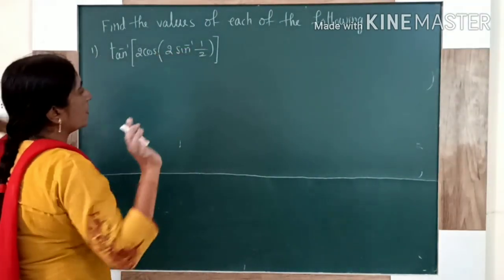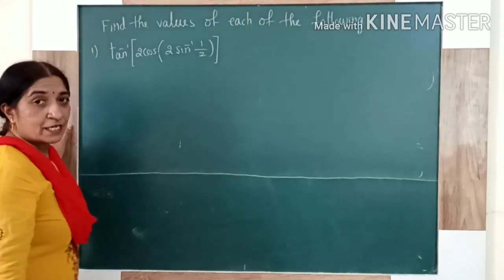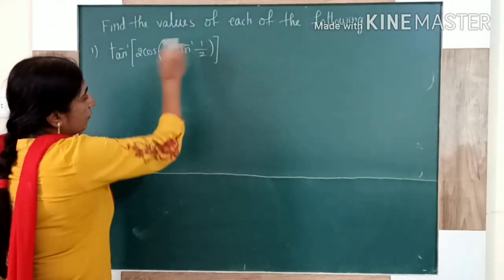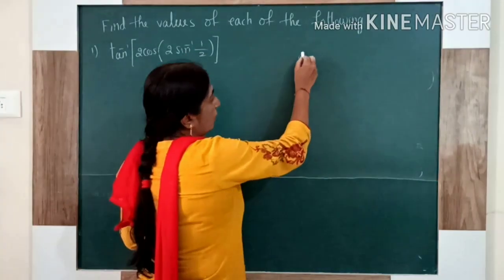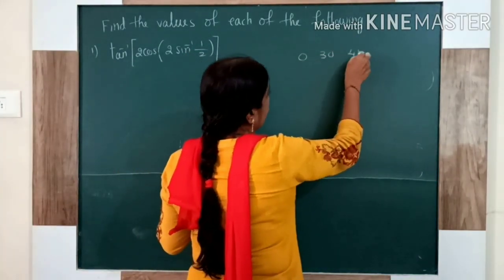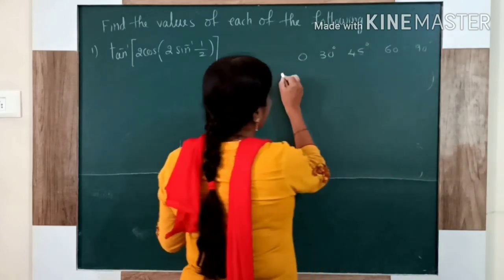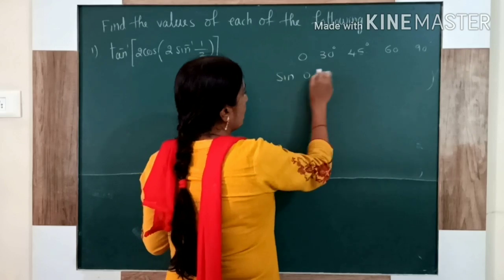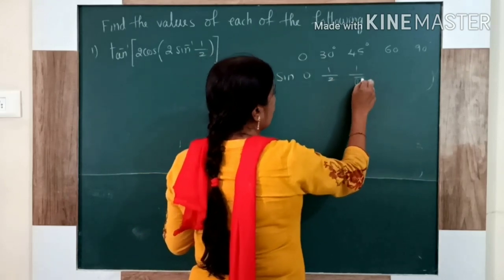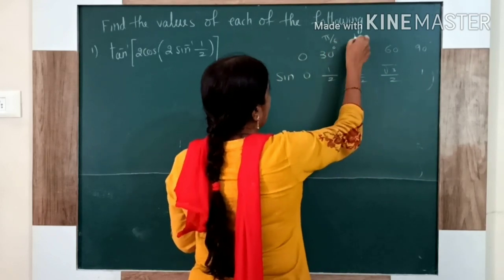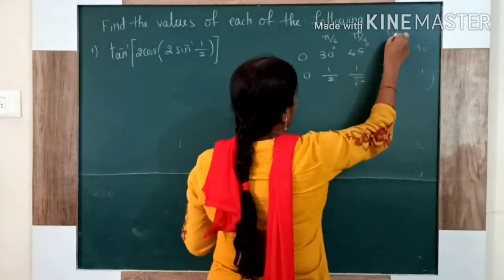Whatever is the given problem, write it as it is. In the first class of inverse trigonometry, I explained how to calculate sin inverse 1 by 2. If you write the values here, sin 0 is 0. And I am writing in the form of radian also.